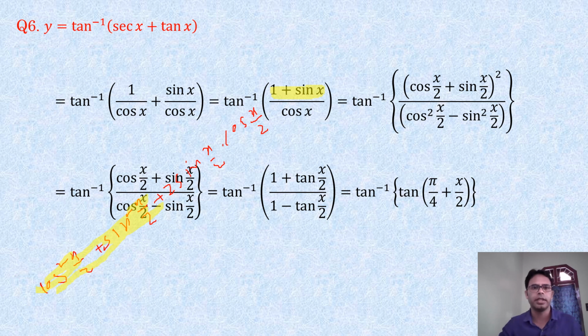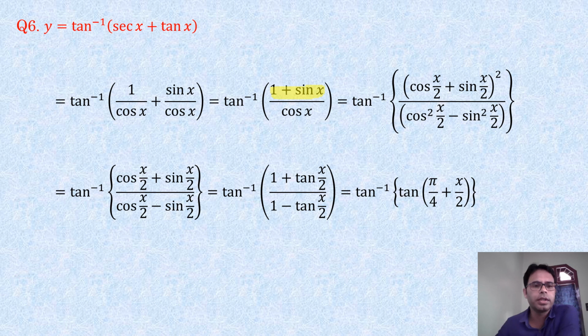Erasing this, sorry. You see this, one of the factors is cancelled, because cos x by 2 plus sin x by 2 will cancel and cos x by 2 minus sin x by 2 remains.